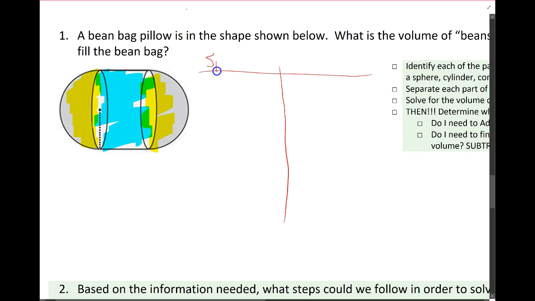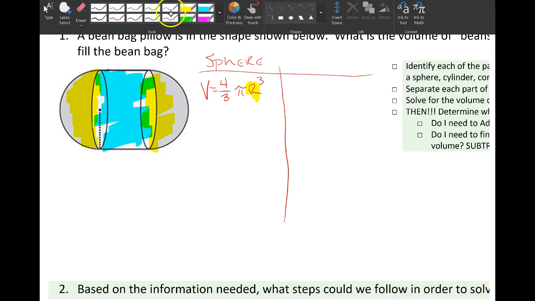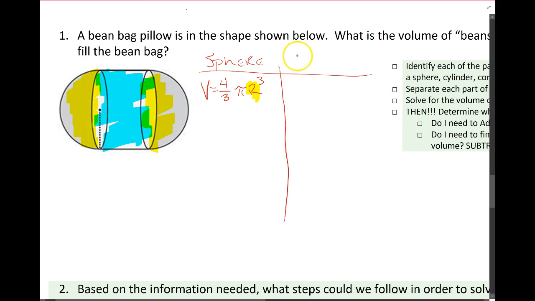So for my sphere, I know that the volume is equal to 4/3 times pi times the radius cubed. Looking at this, what do I need? I need the radius.